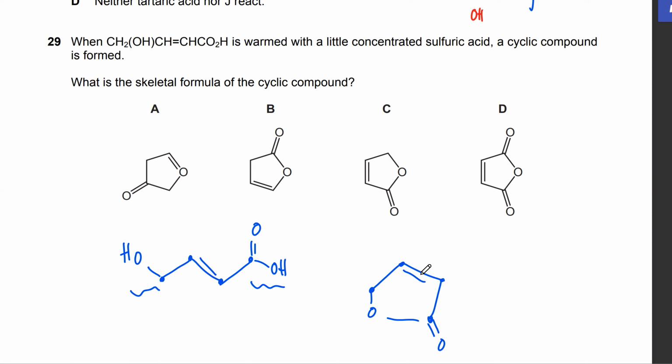So which one is the correct option? Let's say this is 1. Then you have an oxygen, that's number 2. Then you have a third carbon atom, that's number 3. Then you have number 4, that one has a double bond, right? And then you have number 5.